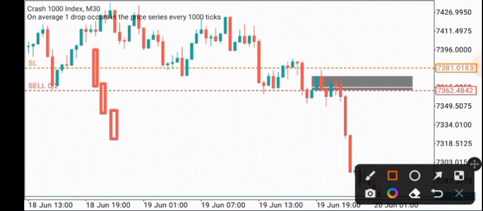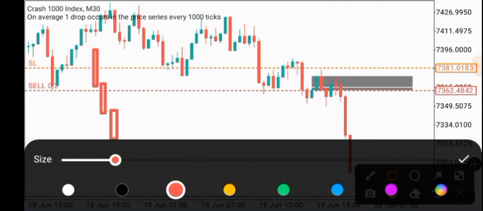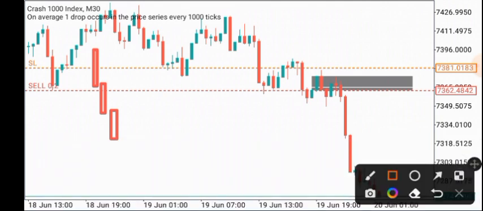Then we have price change direction in this way. Price broke this one in this direction, broke it again, and continued in this same direction until there was a break of structure. So here you can see we have a break of structure.